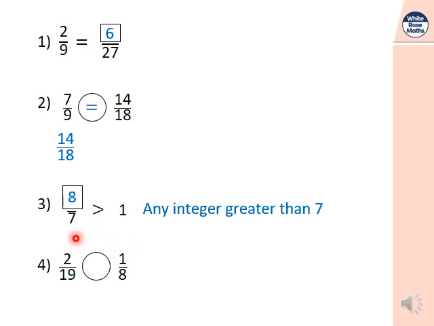And the answer is yes, we could have multiplied that by 2 and changed it to 2/16. And which is larger, 2/19 or 2/16? 2/19 is smaller than 2/16. So 1/8 is larger than 2/19.